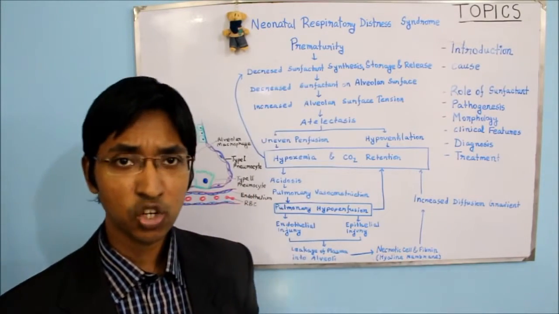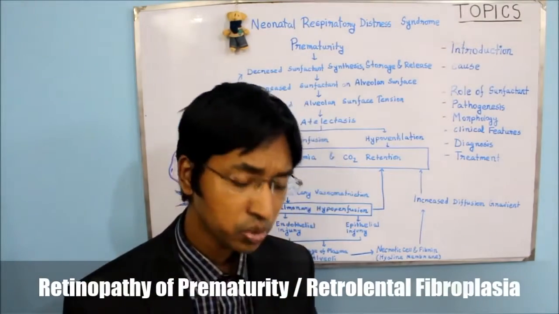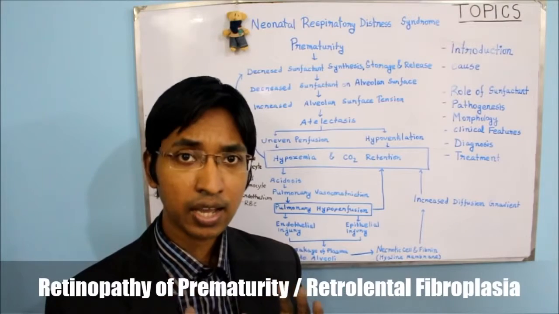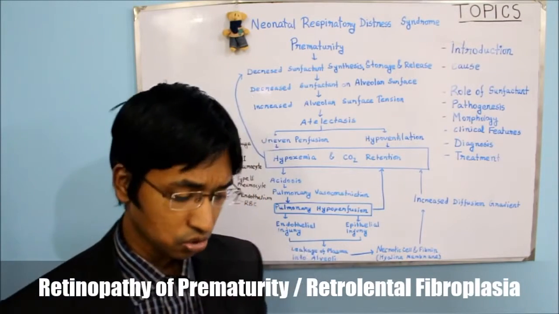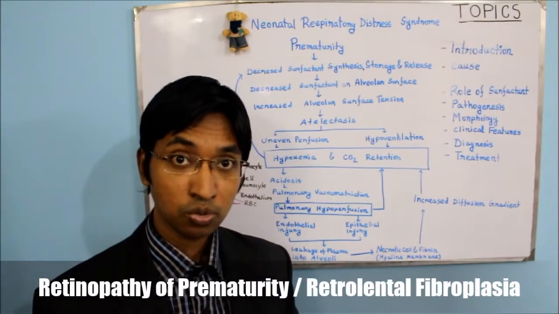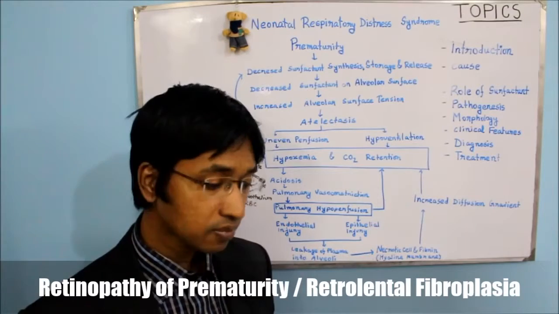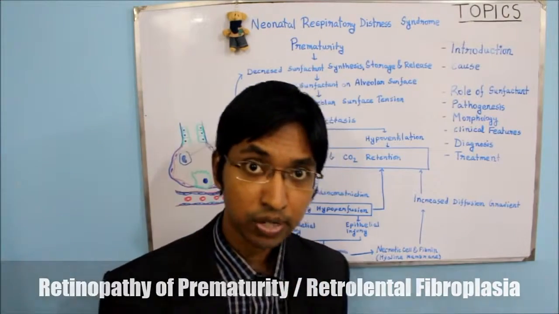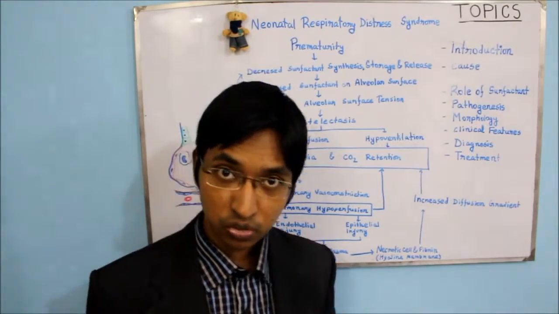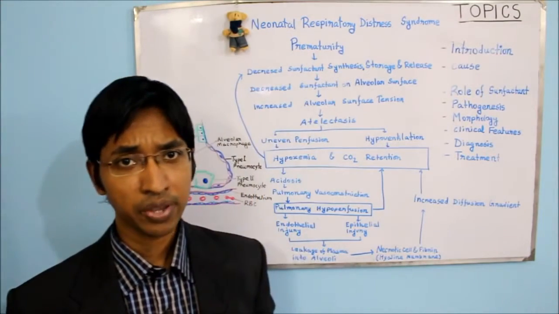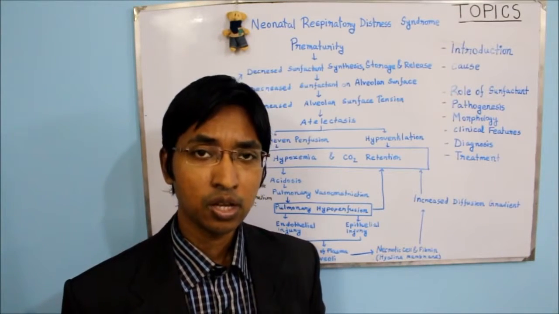So what is retinopathy of prematurity? The thing is, when we are administering high concentration oxygen for a prolonged period, during the phase when there is high oxygen in the baby, the vascular endothelial growth factor expression will be decreased, and as a result the endothelial cells will die via apoptosis.